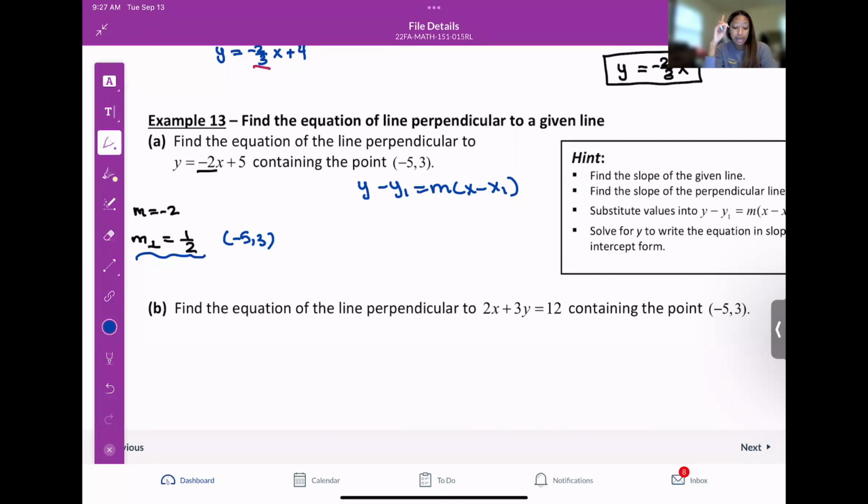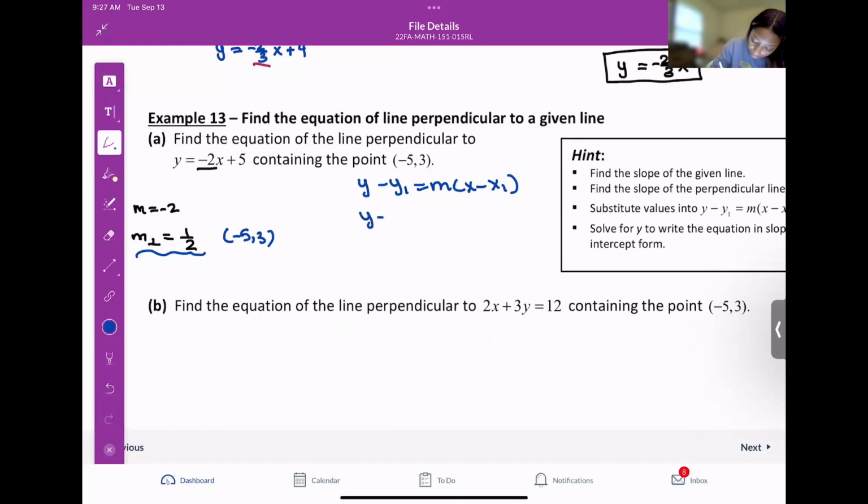And then we're going to plug in negative 5 for x1 and 3 for y1. So this would be y minus 3 equals 1/2 times x minus a negative 5, so plus 5. Then we get y minus 3 equals 1/2 x plus 5/2.